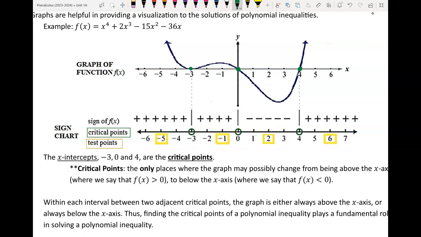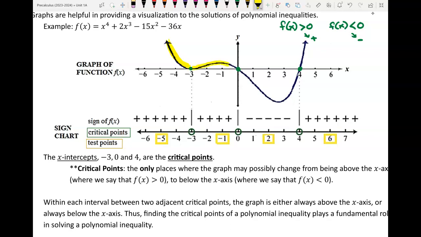And a lot of the times, what we will want to know is when is f(x) greater than 0 and when is f(x) less than 0. So this one tells us when is the function positive, and this one tells us when is the function negative. Well, from the graph, we should be able to clearly see we have our positive section here. We're above the x-axis. If we're above the x-axis, we're positive.